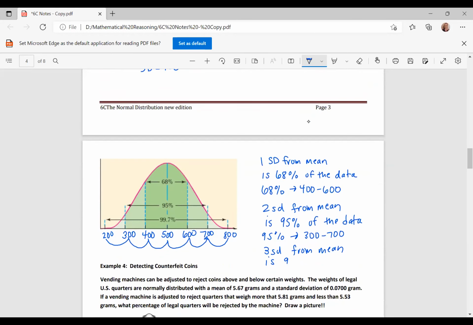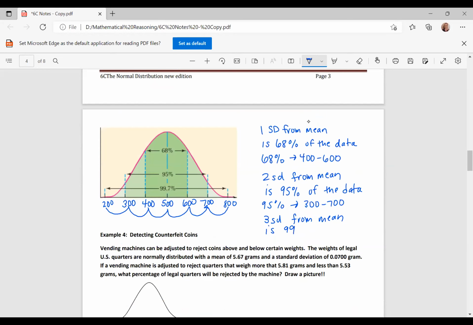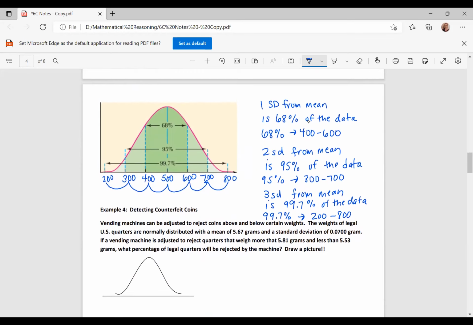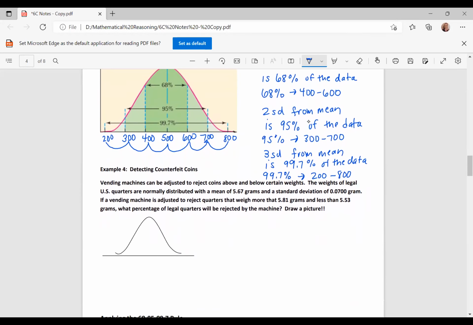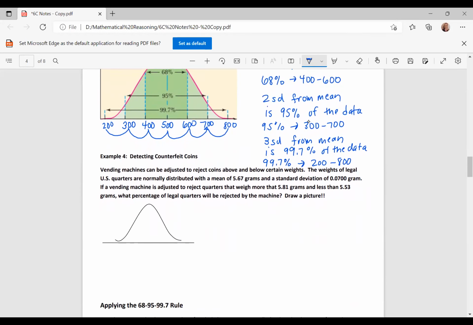So when we have 99.7%, that's virtually everybody, right? What that means is, in this problem, 99.7% of the people taking this SAT scored between 200 and 800 points. A very, very small amount of the population scored outside of those. That's what that means in this problem.